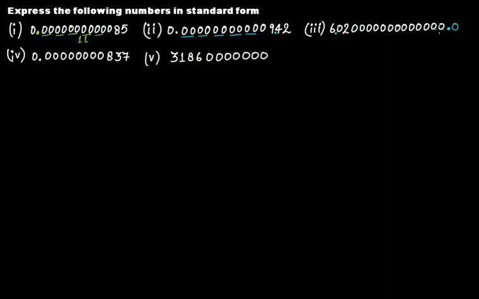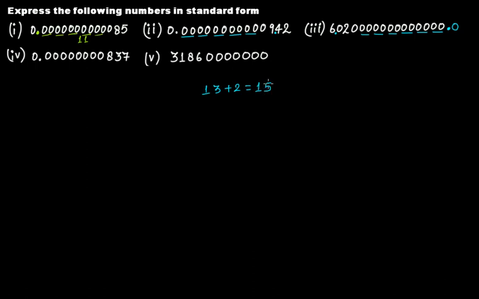So count how many digits this decimal point has to cross over when it moves towards the left. 1 pair, 2 pair, 3 pair, 4th pair, 5th pair, 6th pair. So 6 pairs means 12 zeros, plus 1, 13 zeros. Two digits are here, that is 15 digits. That is, you have to move this decimal point towards the left by 15 digits.